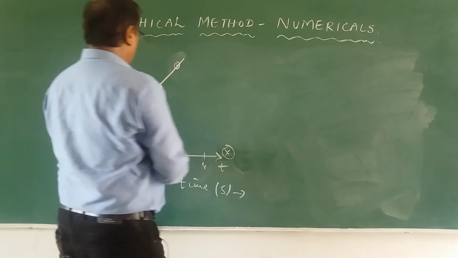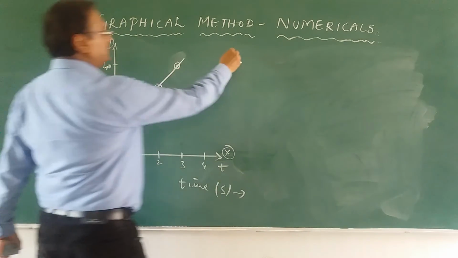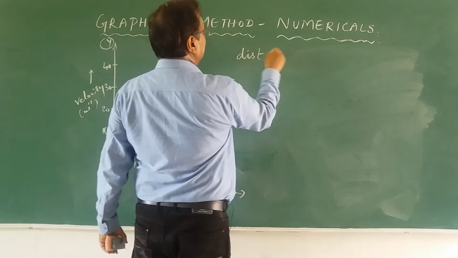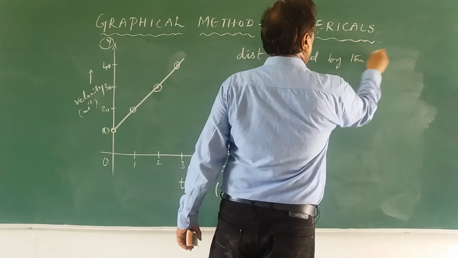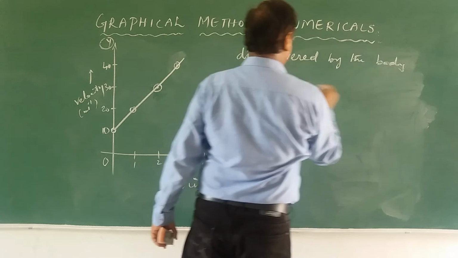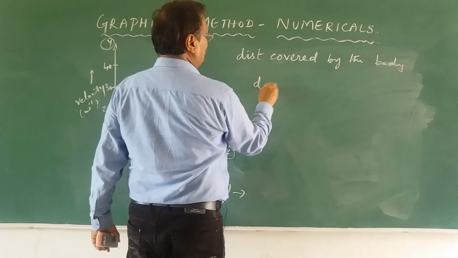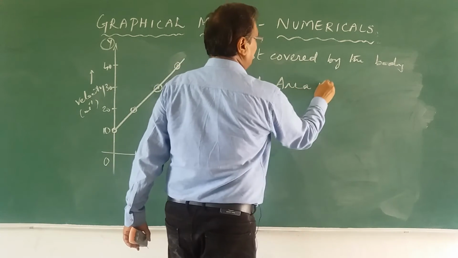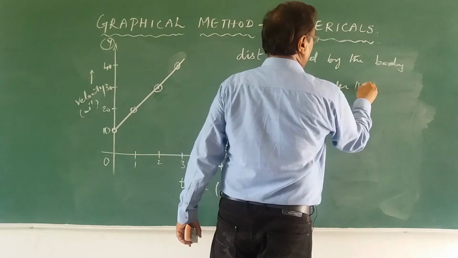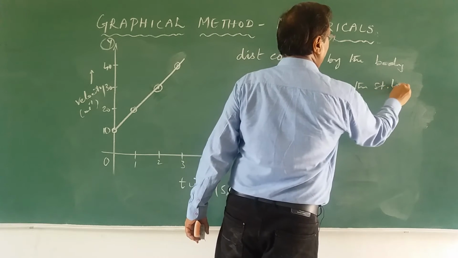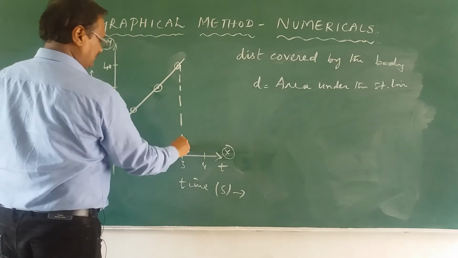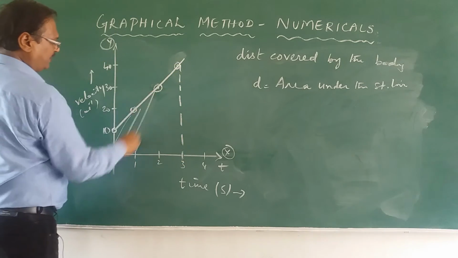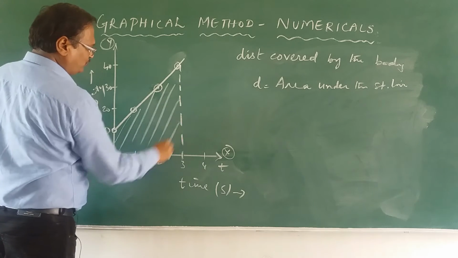Now see, you have to find the distance covered by the body. Distance covered is equal to the area under the straight line. What is the area under the straight line? I will drop a perpendicular, and I will shade it.